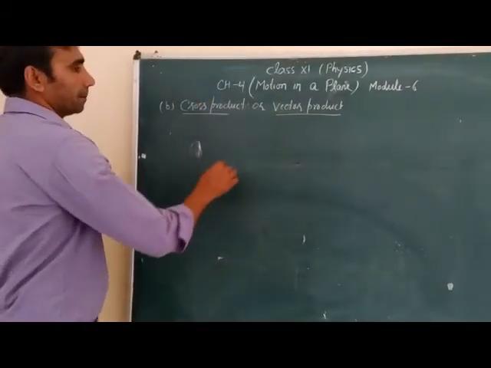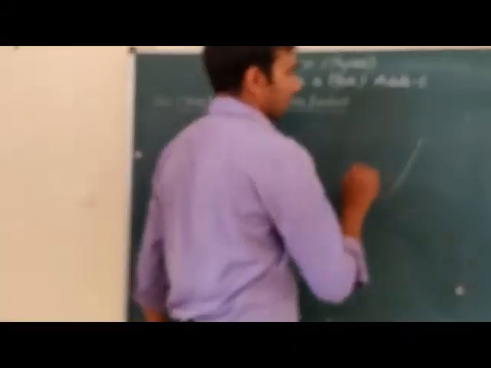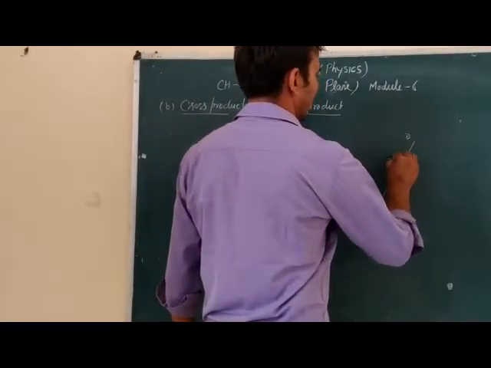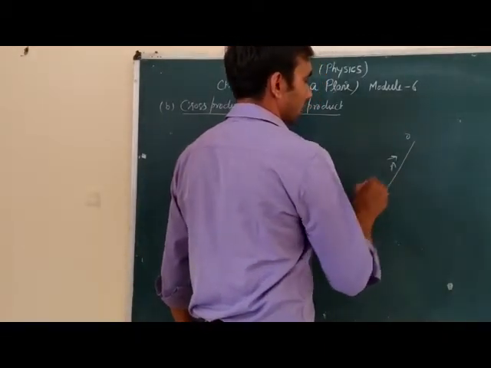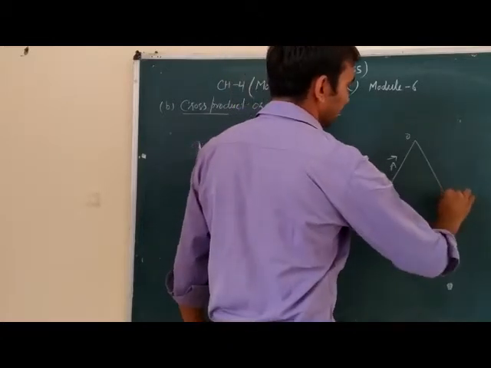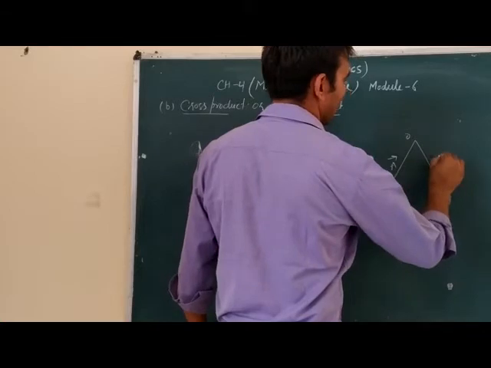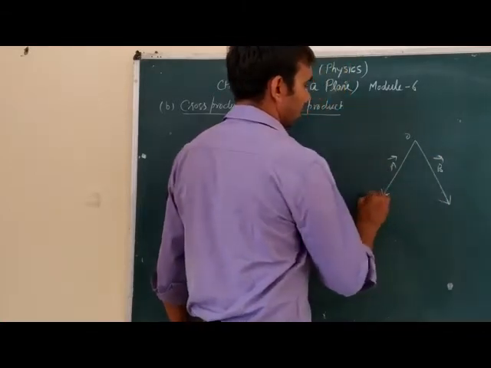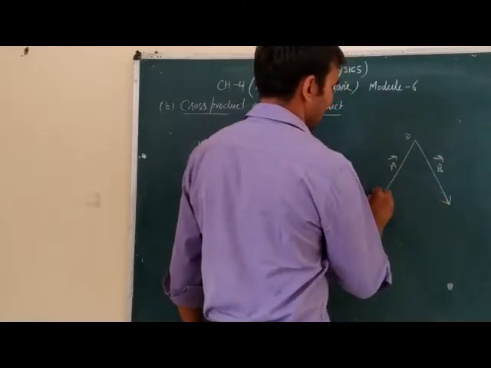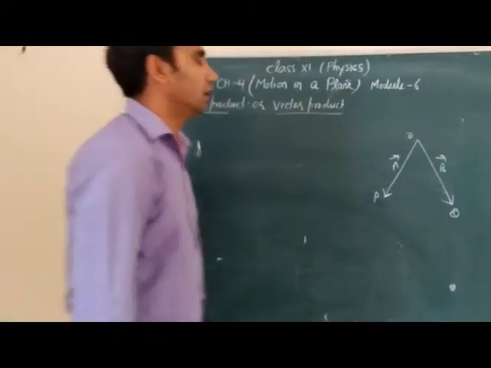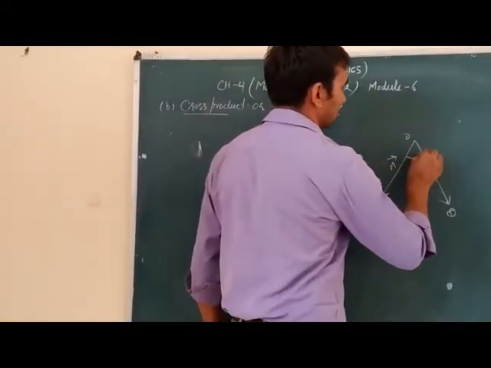This is vector A, O A. This is another vector B, and theta is some angle between them.